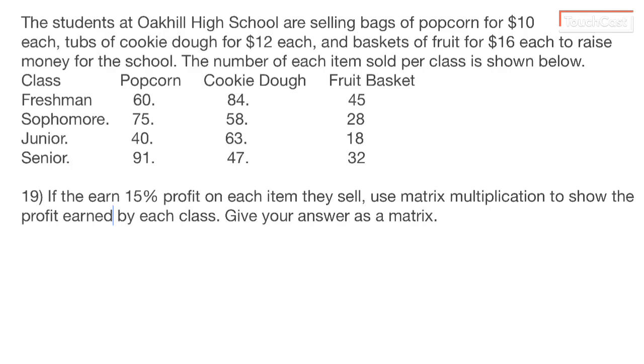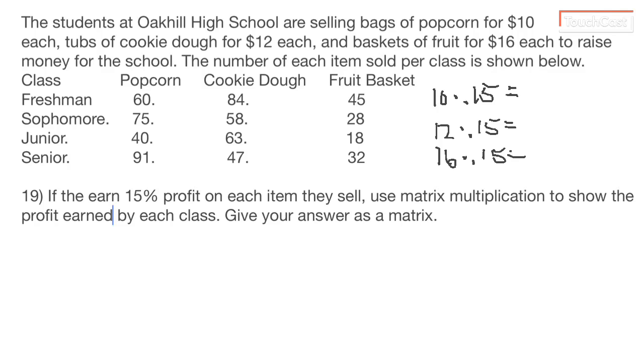So the first thing we need to know, what's 15% of each of those dollar values? So we're going to take and go 10. I'm going to save this space at the bottom. I'm going to go in this blank space in the middle of the page. 10 times 0.15, 12 times 0.15, and 16 times 0.15, and figure out what's 15% of each of these different items.